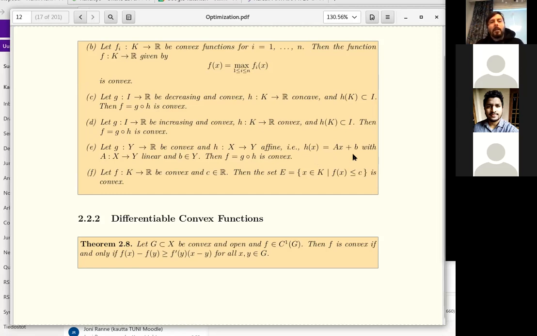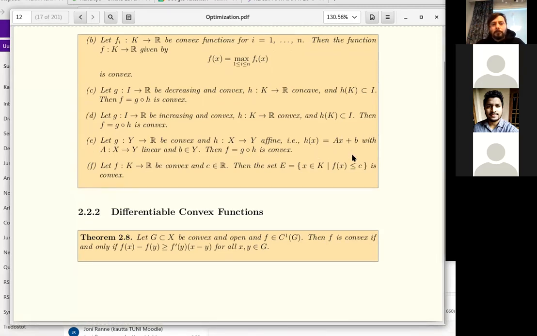All right, if we have a differentiable function, a continuously differentiable function, then consider how the function changes from f of x to f of y when we move from y to x.